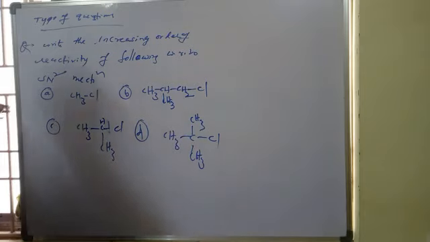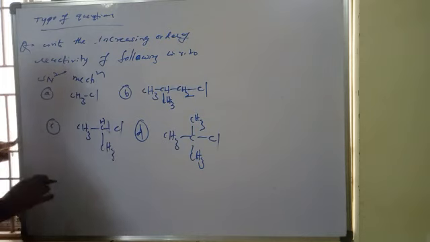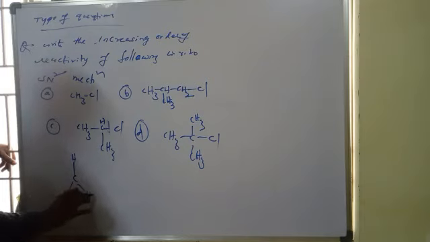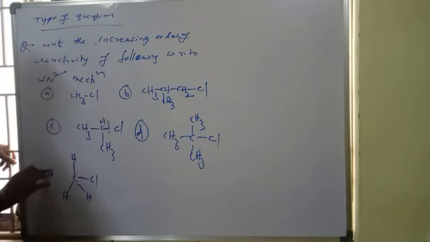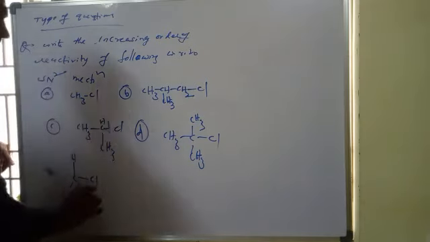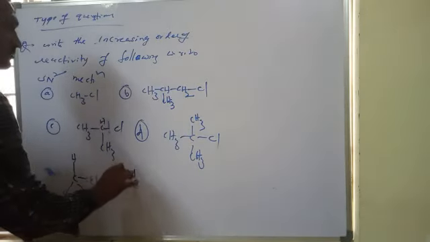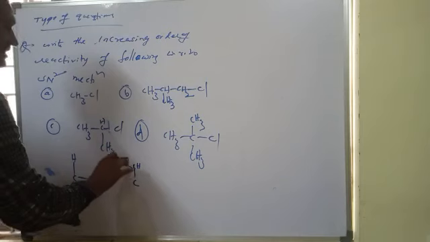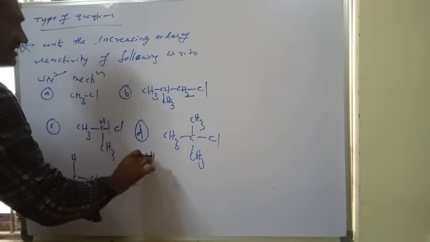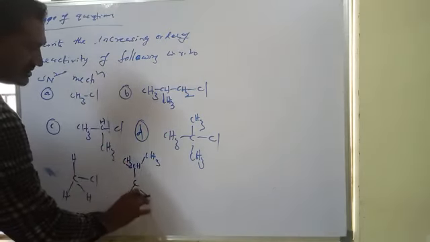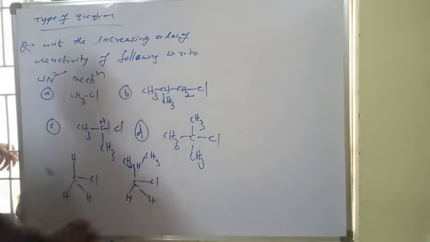If you see here, methyl chloride is very small. This is option A. I am writing option B: here is an isopropyl group, CH3 and 2 hydrogens, and chlorine.